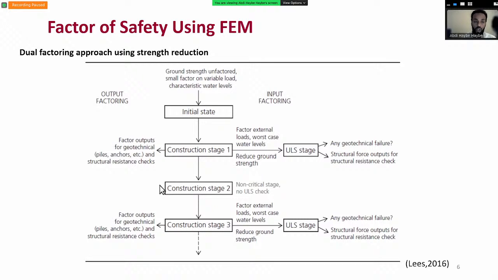Loads and structural loads would be factored, while ground strength parameters would be reduced, and this would give us a more realistic result to analyze. These are the kinds of approaches that different sectors use to analyze and find a factor of safety. At each stage, there will be a check for the ULS to confirm where the failure occurs.